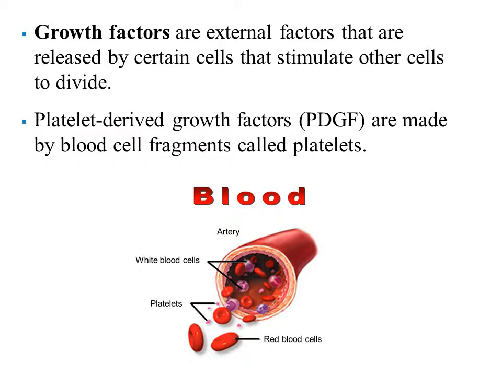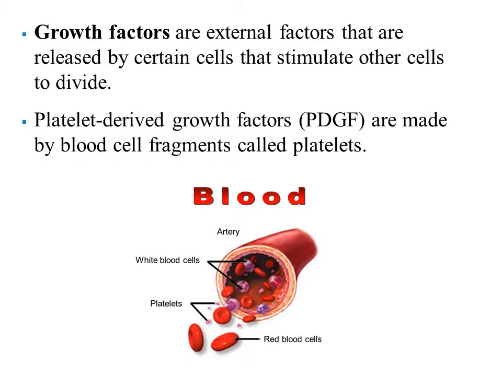Once you are cut or you have a laceration, you're going to bleed. You're going to release platelets. These platelets are going to generate a platelet-derived growth factor. This is a hormone that is released by this cell type, but it affects a different cell type. So the definition of a hormone is a chemical that is produced by one cell type that does not affect that cell type.